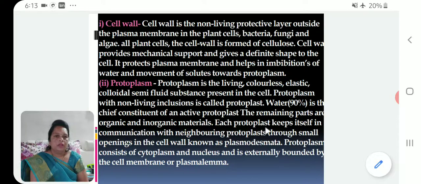Each protoplast keeps itself in communication with neighboring protoplasts through small openings in the cell wall known as plasmodesmata. Protoplasm consists of cytoplasm and nucleus and is externally bounded by the cell membrane or plasmalemma.